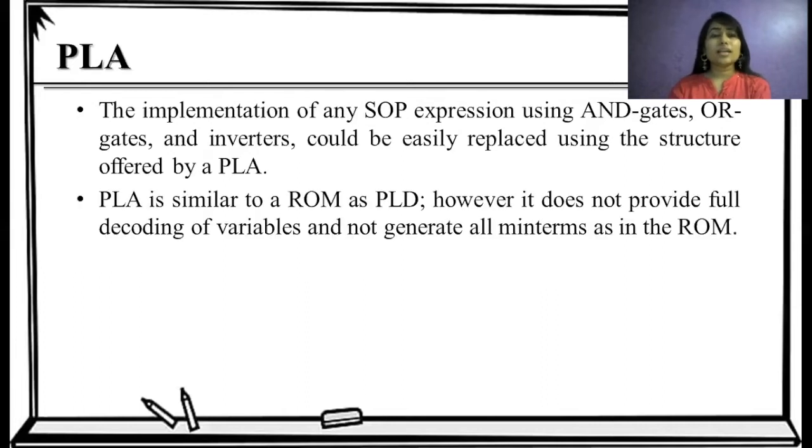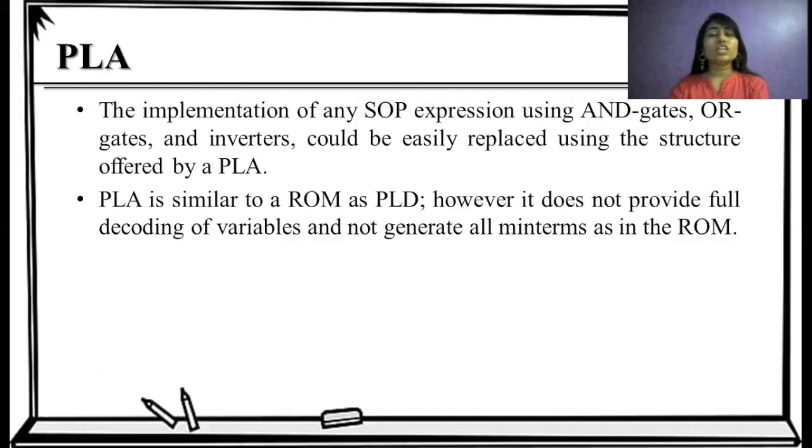This PLA is similar to ROM as a PLD. We can use ROM as a programmable logic device, right? So this PLA is similar to ROM as a programmable logic device. However, it does not provide full decoding of variables and does not generate all the minterms as in the ROM.